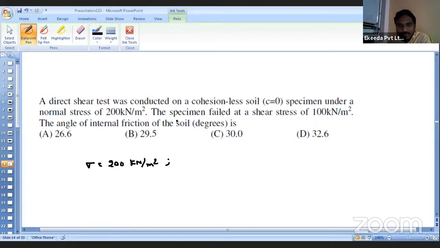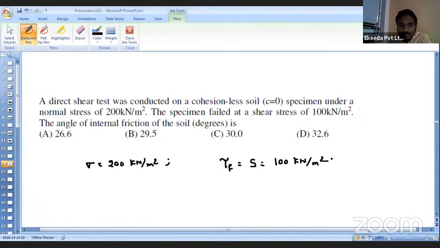And it is observed that the specimen failed at a shear stress of 100 kilonewton per meter square. That means the shear stress at failure, or we can also call it the shear strength of the particular soil sample, will be given as how much? 100 kilonewtons per meter square.